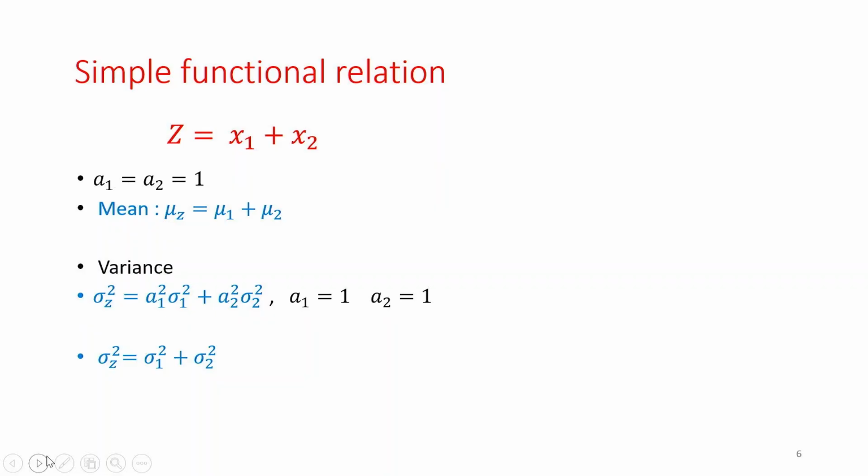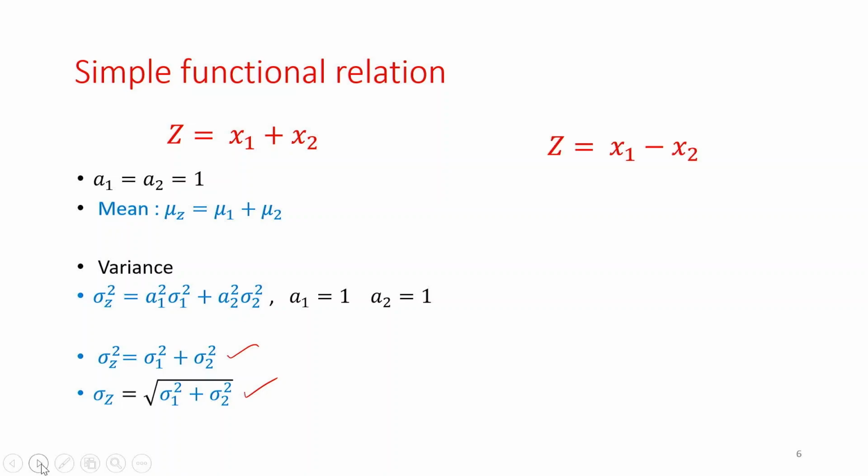So you can say variances have an additive property when there is a linear relationship between the new variable and the other variables. And from there, if the variance is this, the standard deviation is going to be the square root of sigma 1 square plus sigma 2 square. So it's a very, very simple type of function.